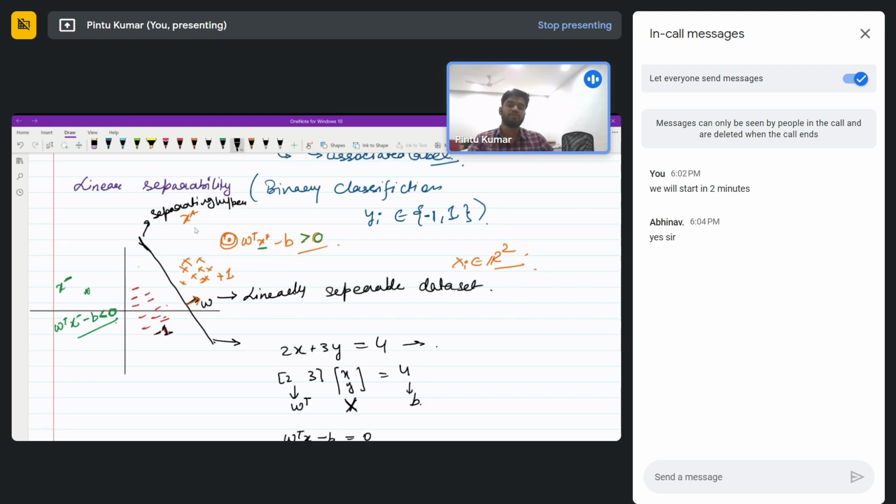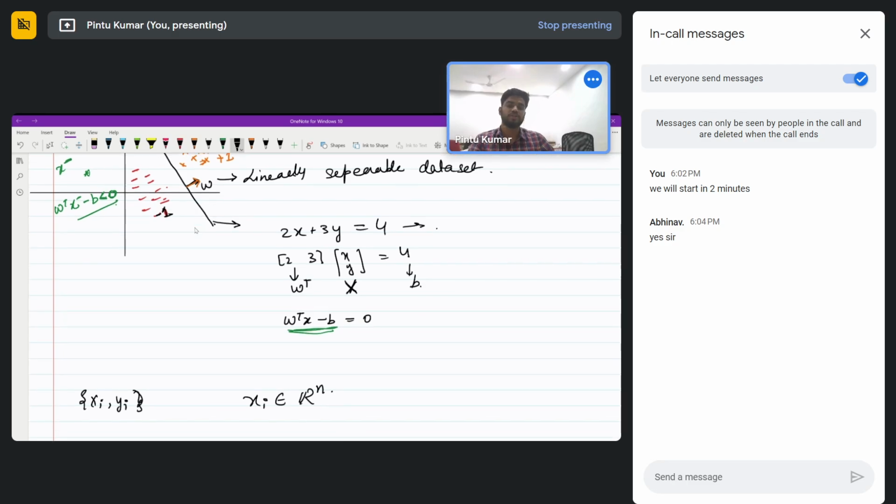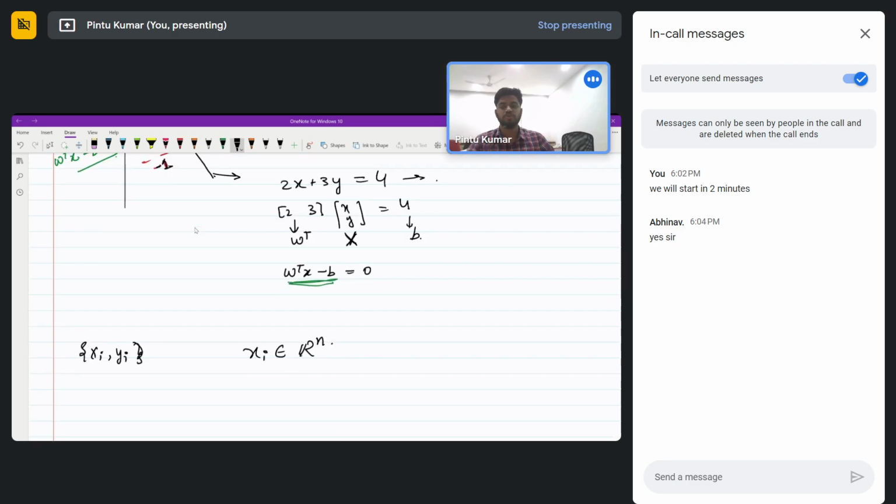So what was the equation for this separating hyperplane? This was W transpose x minus B is equal to 0. The same definition holds here, but now your W vector belongs to Rn, because earlier your W vector belonged to R2. Now your W vector belongs to Rn, and this line that you will obtain is an n minus 1 dimensional hyperplane.